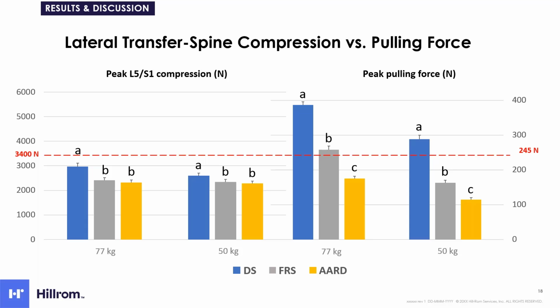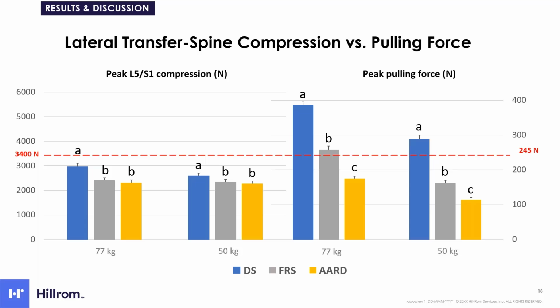These findings, along with the previous findings, collectively suggest that pulling force may be a better indicator of the risk of injury than spine compression. When looking at different repositioning aids, only AARD resulted in forces below the injury threshold for all the test conditions.